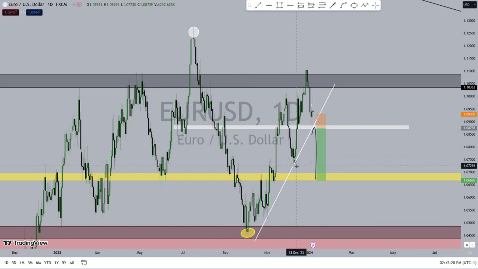It came and got rejected, respected this trend line, this major trend line, came up here, and this is a very strong level. Price came and was manipulating this level, and so many stop losses were hit far above this level because the market was acting like it wanted to go up, and then you eventually see bearish candlesticks flowing.